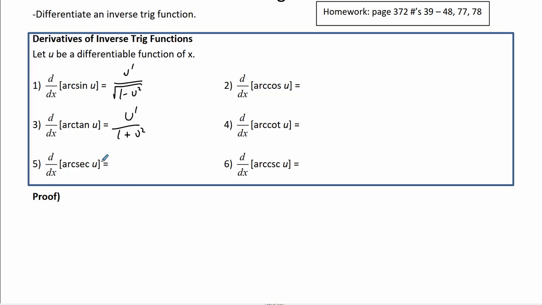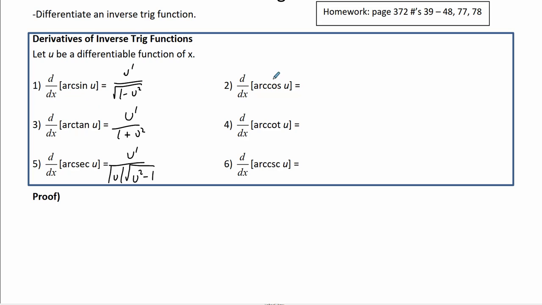Arcsecant is u prime over the absolute value of u times the square root of u squared minus 1. Depending on what u could be, you might get away with not putting absolute value bars there. It's not a big deal, but for some cases it's more important, so you've got to pick and choose.